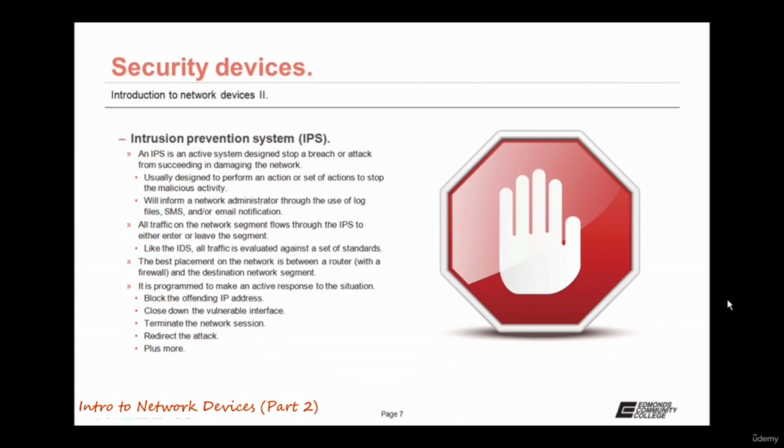They will also inform a network administrator through the use of log files, SMS text messaging, and/or through email notification. For an IPS to work, all traffic on the network segment needs to flow through the IPS as it enters and leaves the network segment.